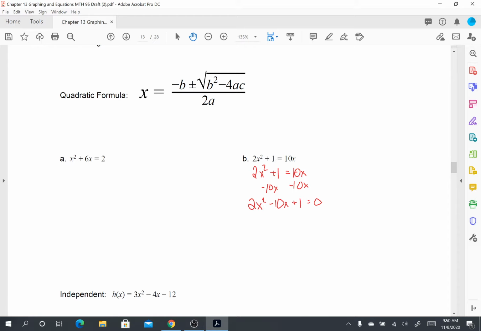So I'll have my a is equal to 2, my b is equal to -10, and my c is equal to 1. So x equals -b, and since b was already negative, it switches signs. 10 plus or minus the square root of b squared minus 4ac, all over 2a.